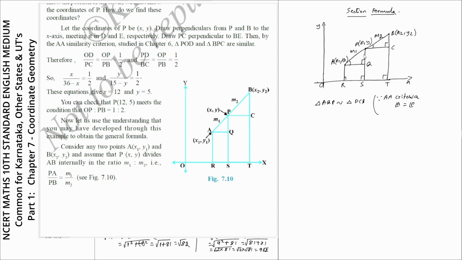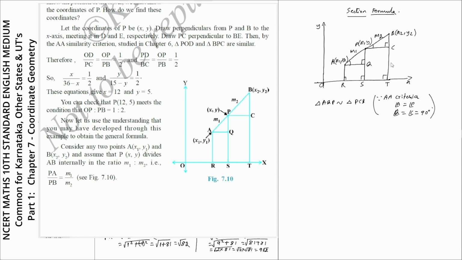Therefore, angle A is equal to angle P. These two are corresponding angles. And angle Q is 90 degree. Angle C is also 90 degree. So I am writing angle Q is equal to angle C is equal to 90 degree. So since two angles are equal, if two angles of a triangle are equal to the corresponding two angles of another triangle, then those two triangles are similar to one another.